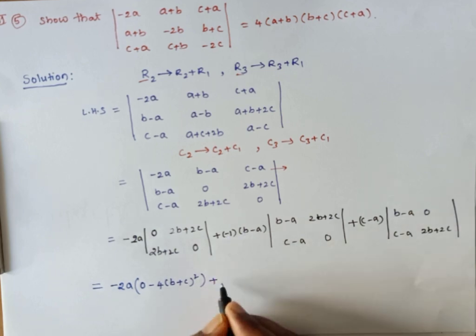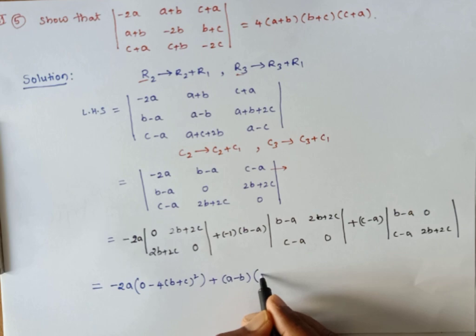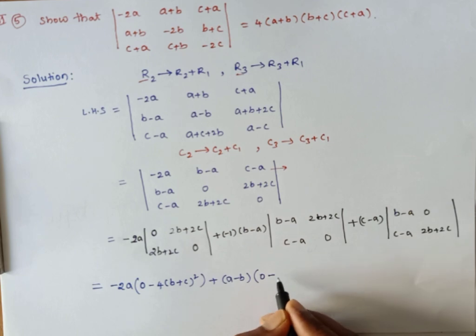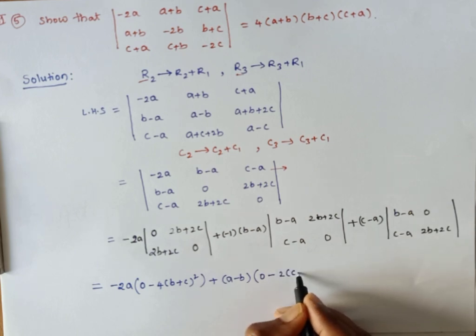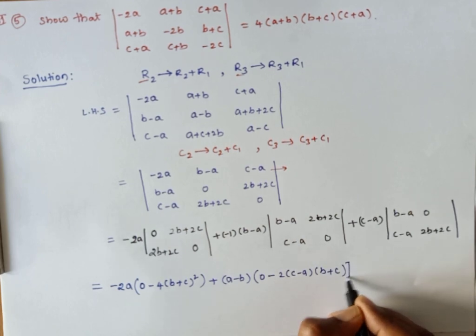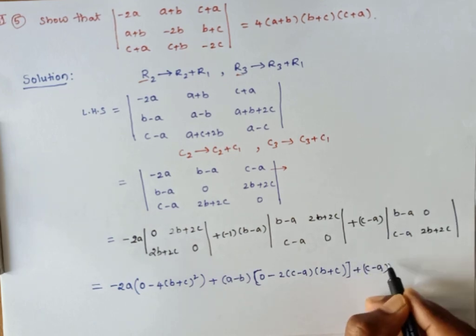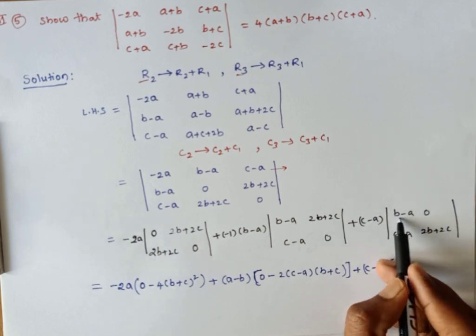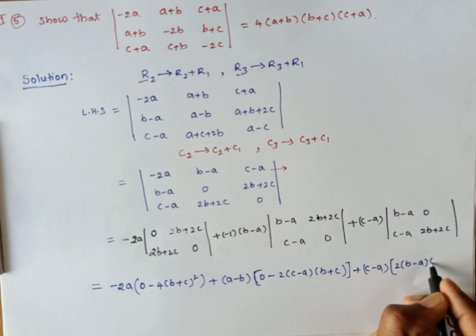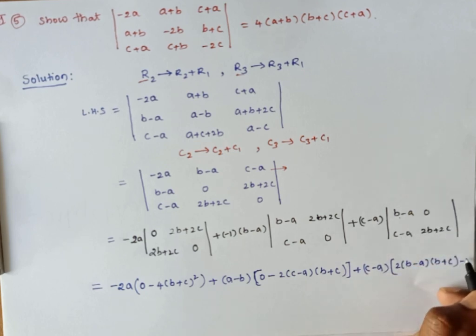Now b is negative and a is positive, therefore it is a minus b into b minus a into 0, that is 0, minus c minus a into 2b plus 2c, that is 2 into c minus a into b plus c. Plus c minus a times of, now the determinant is b minus a into 2b plus 2c, that is 2 times of b minus a into b plus c, minus c minus a into 0, that is 0.